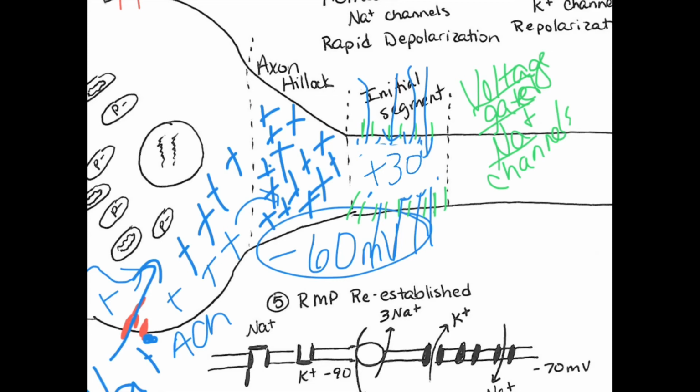Does that make sense to you guys? Voltage-gated channels are stimulated, they open up, sodium floods the cell, so the charge goes all the way up to +30.